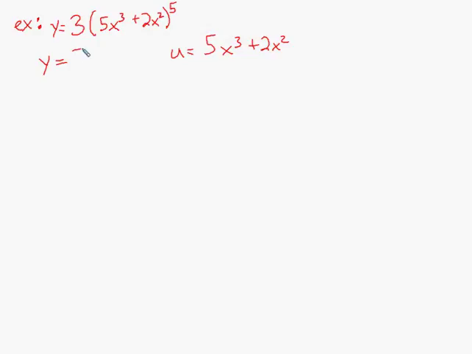Okay? Next example. Let's say we have y equals 3 times the quantity 5x cubed plus 2x squared, to the 5th. What would you let u equal? X cubed plus 2x squared. Yep. Which means all of this becomes y equals 3u to the fifth.